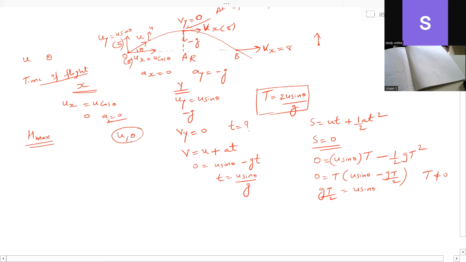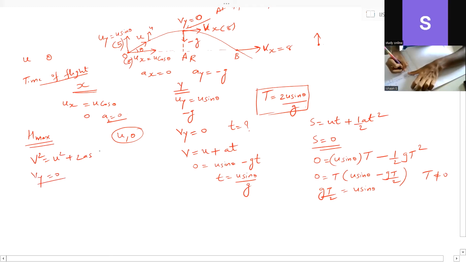We have already derived that time of flight using u and theta, right? Okay, let me explain to you. Just write down this formula: v square equal to u square plus 2as, with vy equal to 0. Why am I using it? Because in exams generally they don't give time of flight. They just give u and theta.